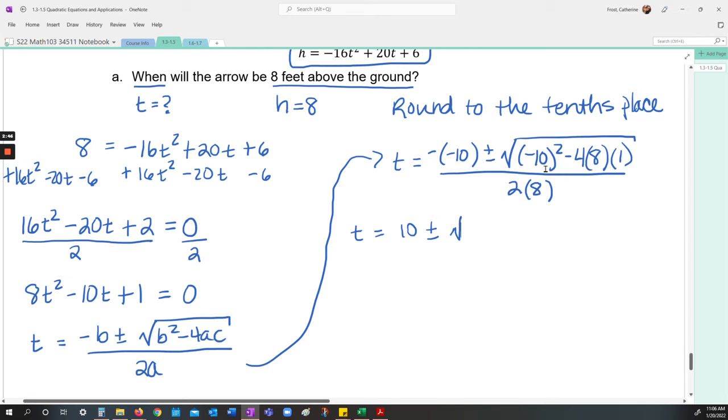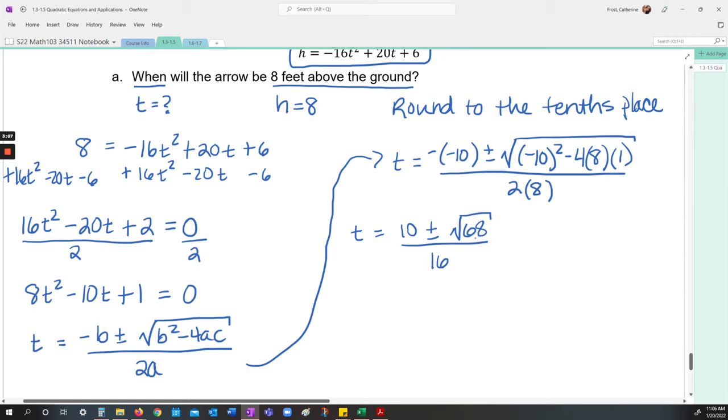So I think this is going to be 100 minus 32. I think it's a 68 over 16. And you could simplify that square root, but since we don't need to give an exact form for our final answer, that's just kind of creating busy work for yourself.